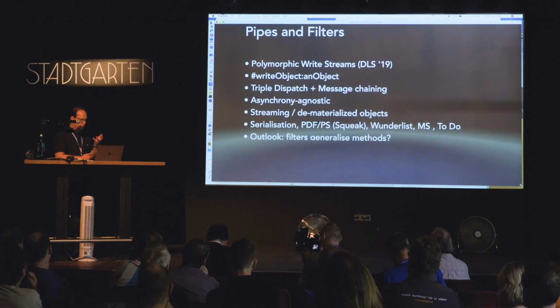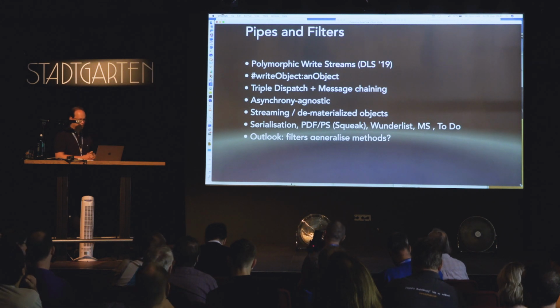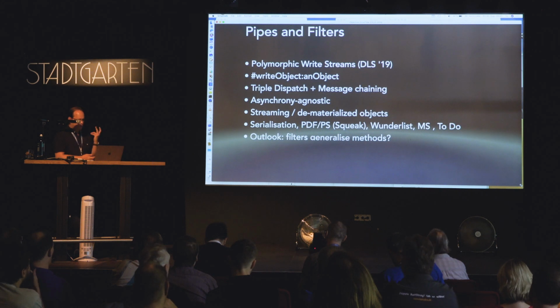So that's one of the things in the DLS paper, that for example, when you write serialized objects, you can be hundreds of times faster than if you try to actually construct that graph using call and return. And it's used for PDF PostScript processing, for example, in Squeak, there's actually the PostScript support.